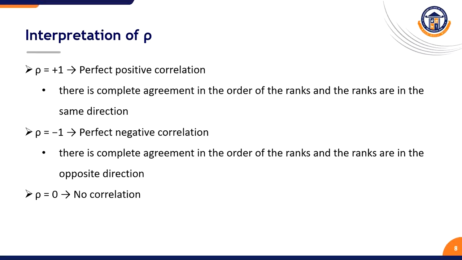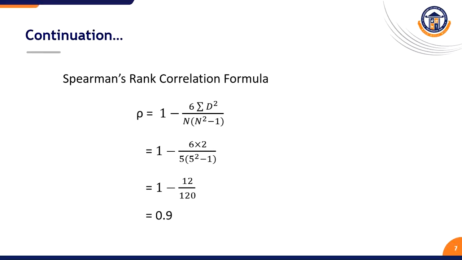There is complete agreement in the order of the ranks and the ranks are in the opposite direction. Sometimes rho equals 0, that means no correlation. Here we have a positive value from the above calculation. It is very clear that there is a high degree of positive correlation between those two series.